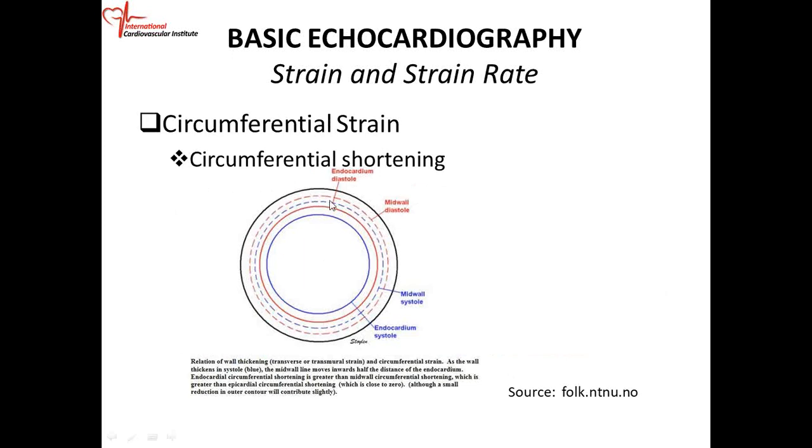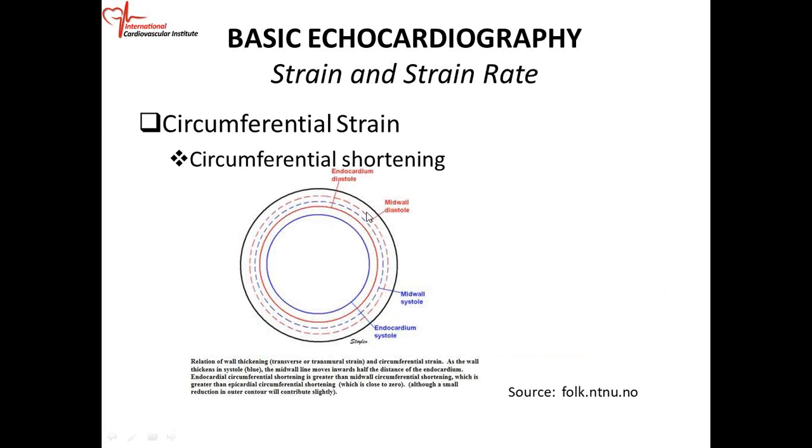This portion of the muscle, if you look at all the muscle in this area, it's going to have a certain radius or diameter, let's say radius from the center. When the heart contracts, then everything is going to move towards this point here. So your radius is going to decrease. Okay, so that's what we call circumferential shortening.